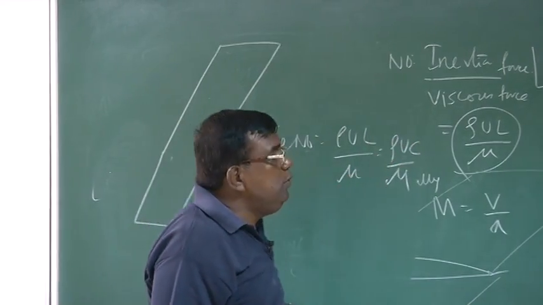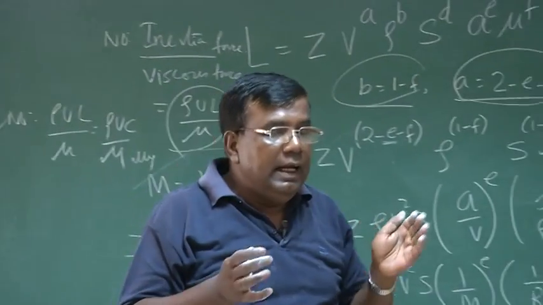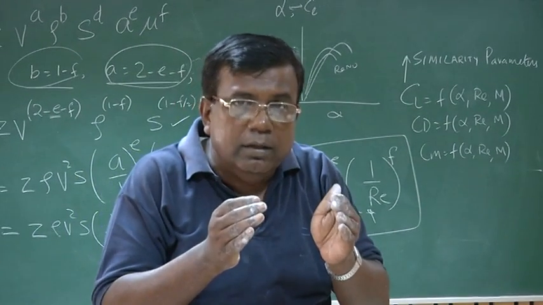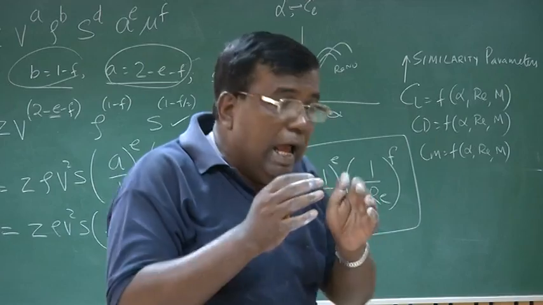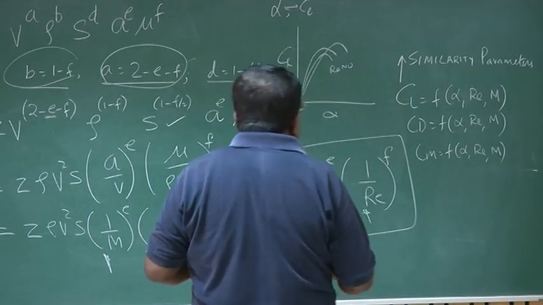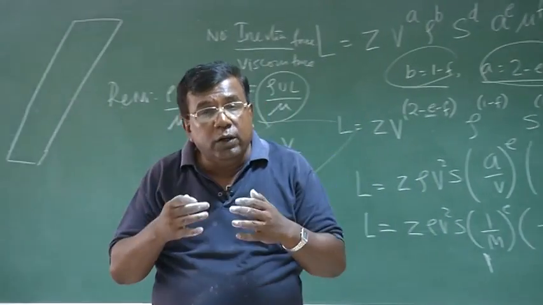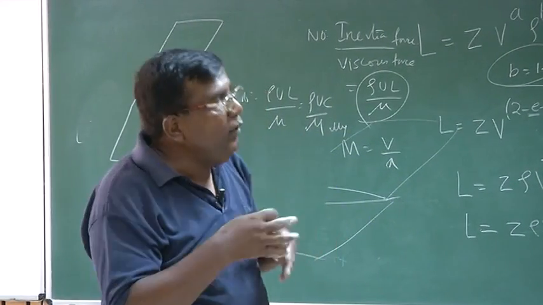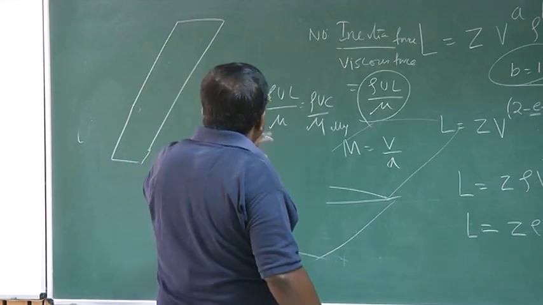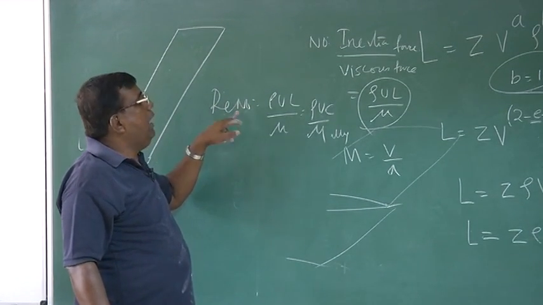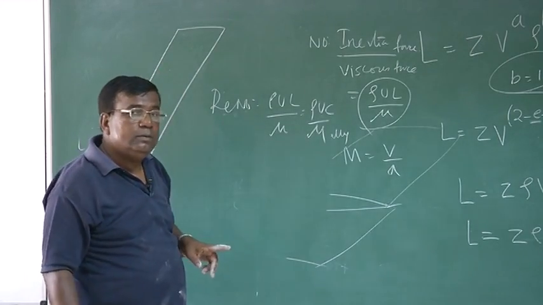Now what I do, I create a geometrically similar, smaller model, and test that in a tunnel, and ensure that the flow is such that it has the same Reynolds number as the actual airplane flying.